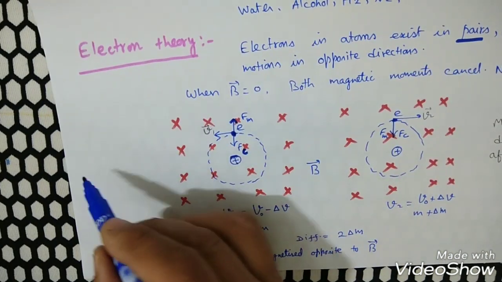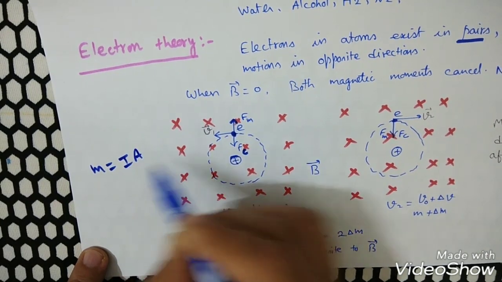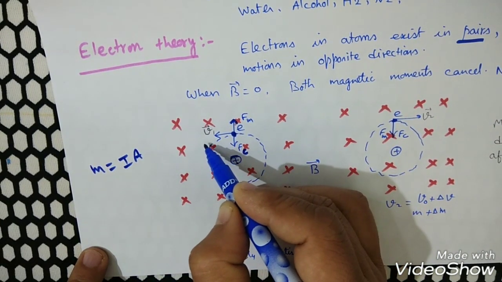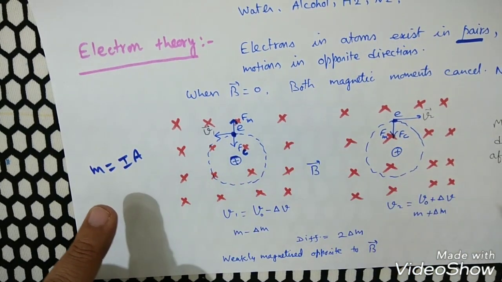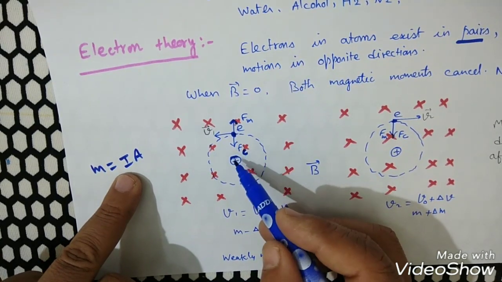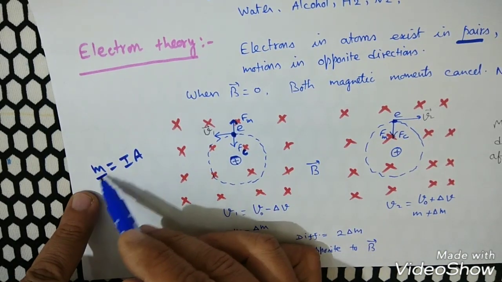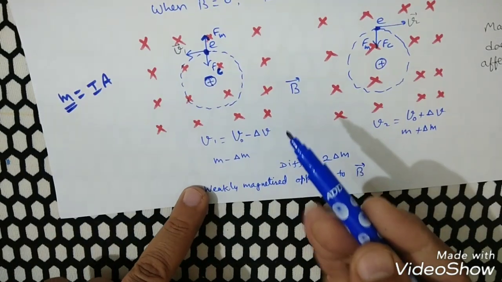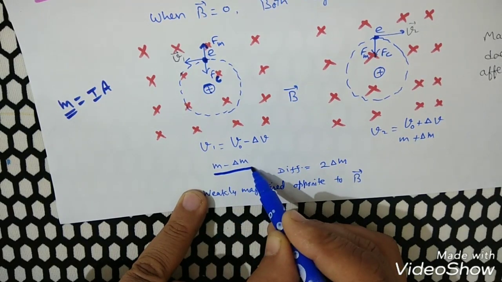As we know, magnetic dipole moment m is equal to I into A. If this charge is moving with a smaller speed, then the current will be reduced, because current is the rate of flow of charge. So if v is reduced, I will reduce, therefore m will reduce. So the reduced magnetic dipole moment, let it be m minus delta m.